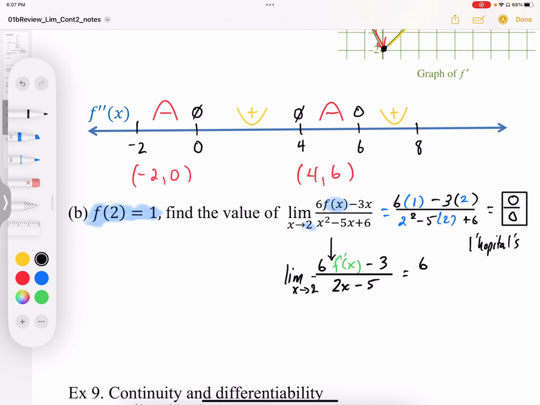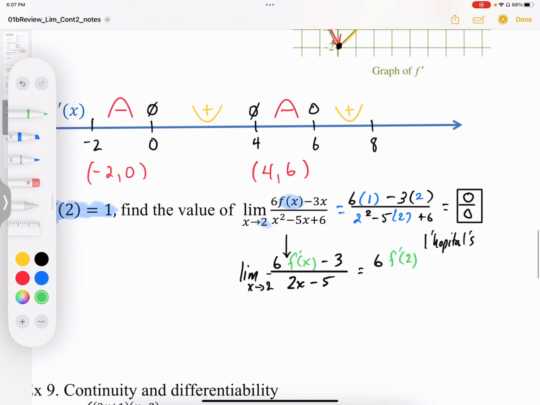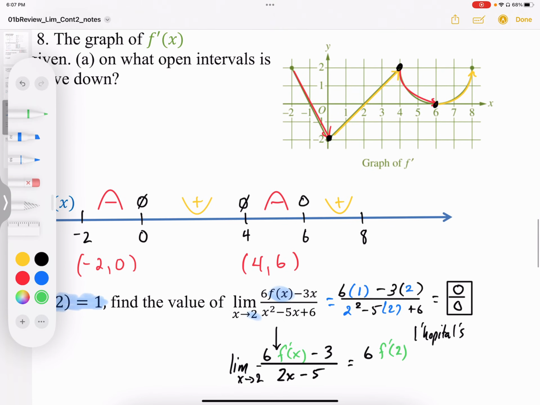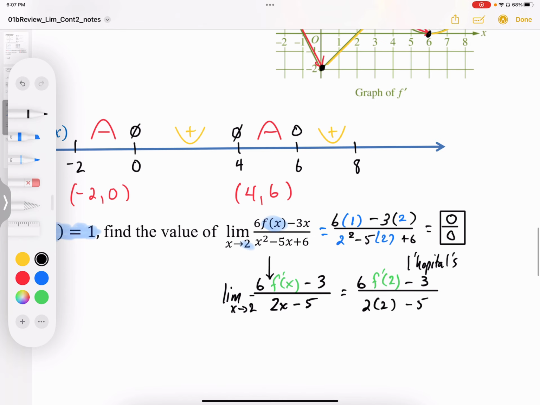So we need 6 times f prime at 2. Well, what does that mean? F prime of 2 means the slope of f at 2, or the y-coordinate of the f prime graph that we have up here. So that's going to be 0. I'm just going to fill in the rest of this before I put in the 0. So this becomes 2 times x is 2 minus 5.